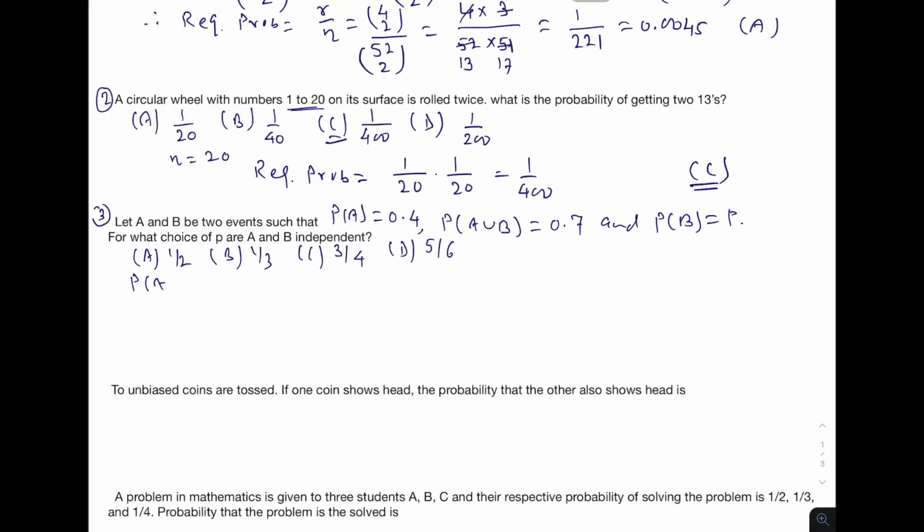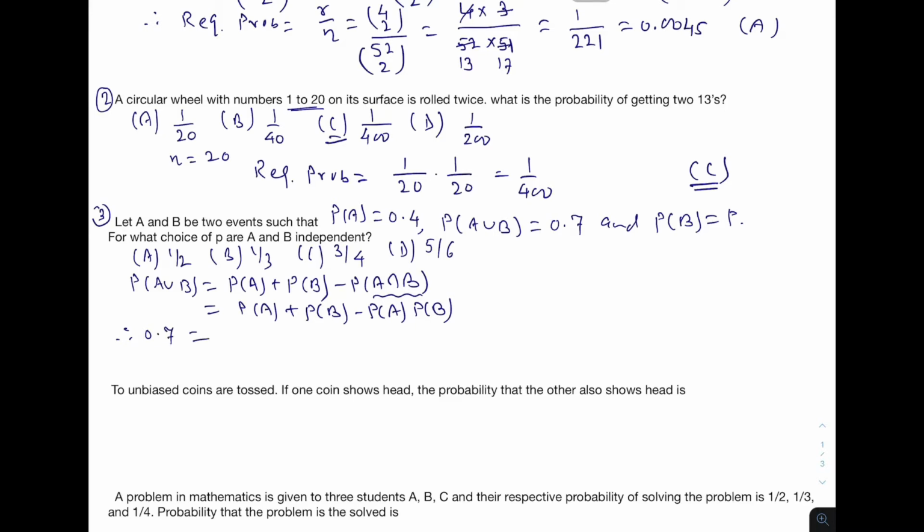Now we know the formula P of A union B equal to P of A plus P of B minus P of A intersection B. But A and B are independent, so we can write P(A) plus P(B) minus P(A) multiplied by P(B). Now P of A union B is given, that is 0.7.